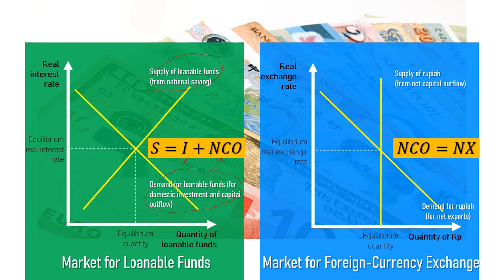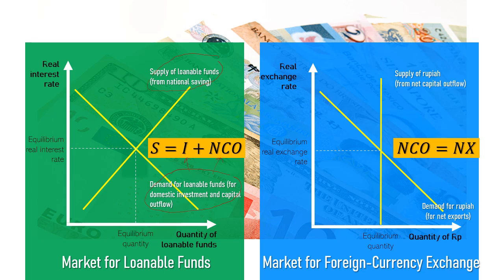The story, however, doesn't end here. In an open economy, a high domestic real interest rate may attract foreign savers to purchase assets in the domestic economy. But be careful. The capital inflow here is not interpreted as an addition to the supply of loanable funds since it's not part of the national saving. Hence, the supply curve will not be affected.